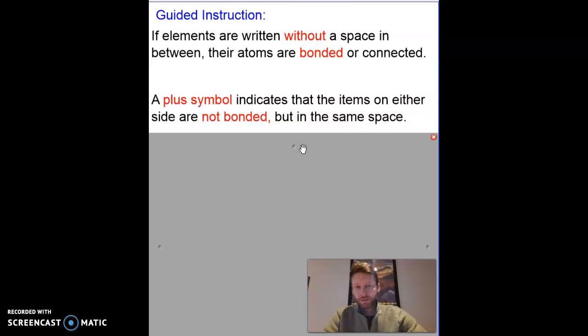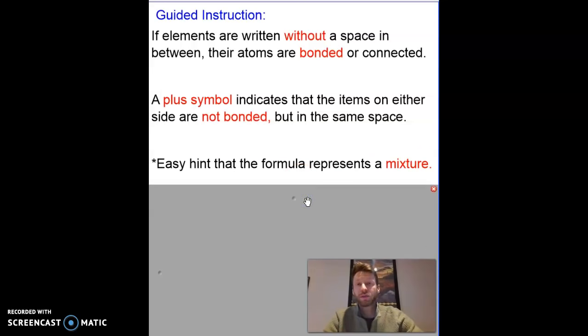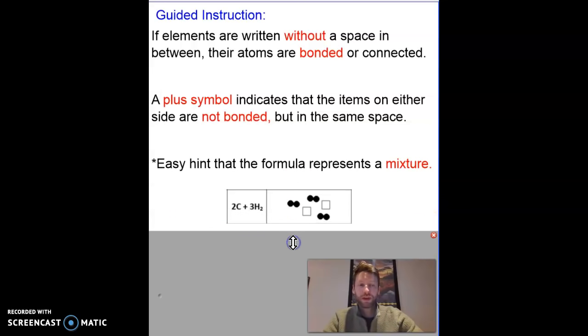A plus symbol in between indicates that the items on either side are not bonded to each other, but they're still in the same space, which is an easy hint that the formula represents a mixture. Once again, the plus between our 2C and 3H2 tells us they're in the same space, but they're not bonded to each other.